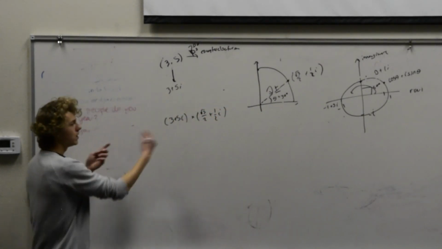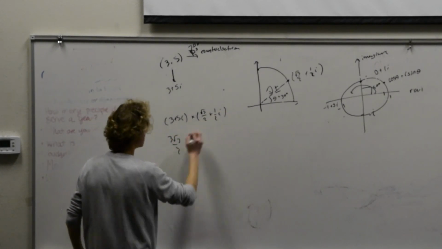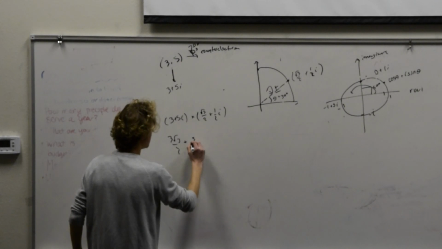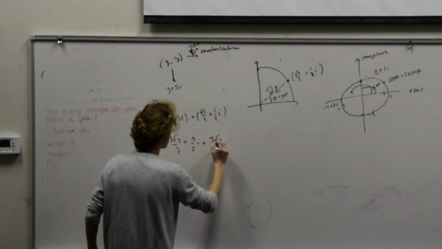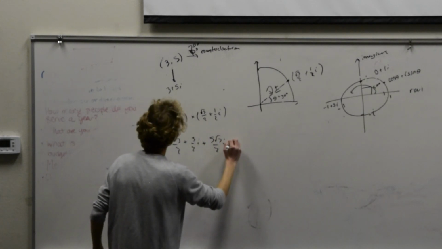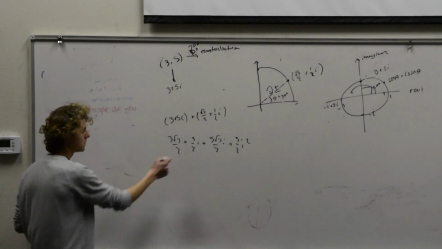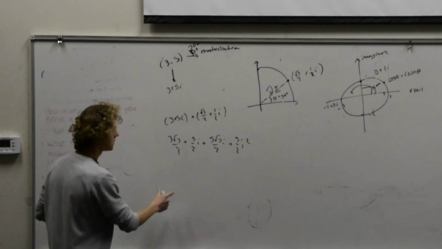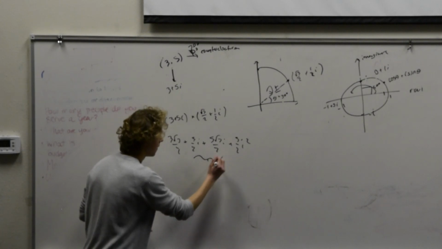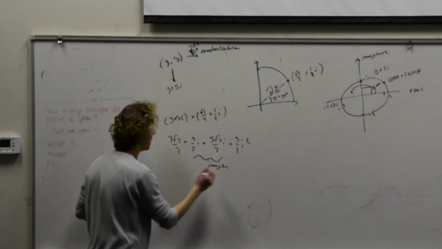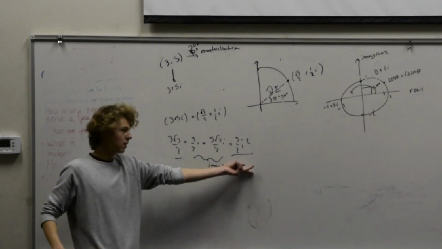And so we write this out and we end up getting 3 root 3 over 2 plus 3 halves i, plus 5 root 3 over 2 i plus 5 halves i squared. So this right here is our imaginary part. And then this right here and this right here are both real numbers because i squared is just negative 1.